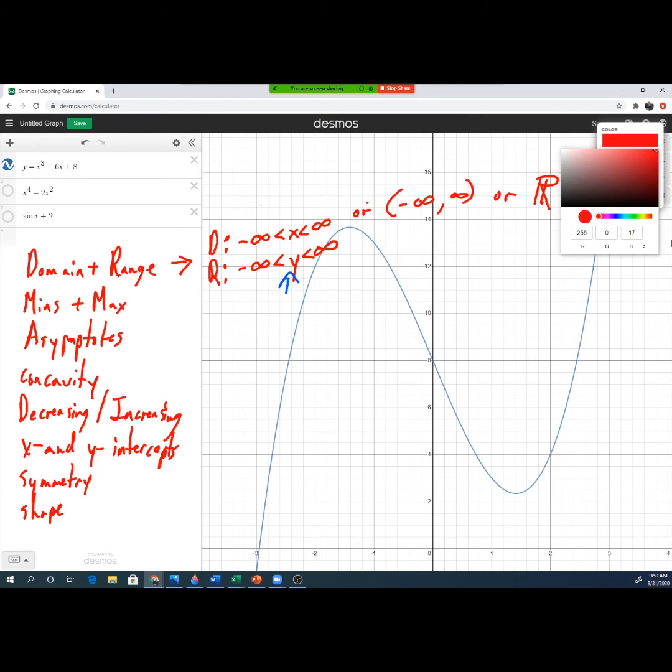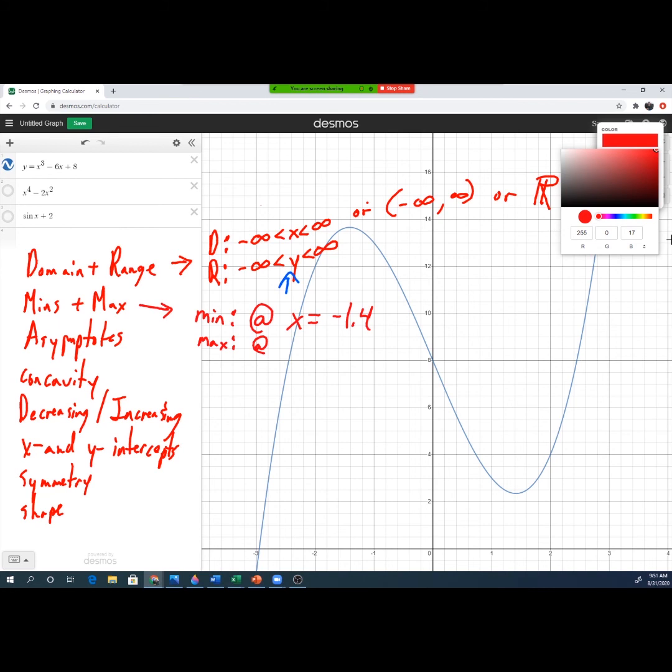Okay, minimums and maximums. Can you tell me the location of, let's say, a minimum first? In this case, it is definitely a local minimum. And just give me the x value. I'm okay with just the x value. Negative 1.4.